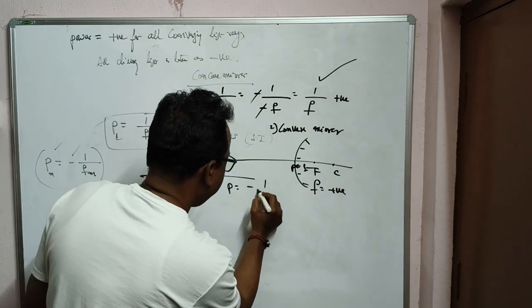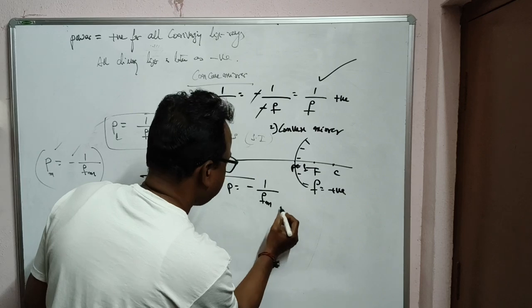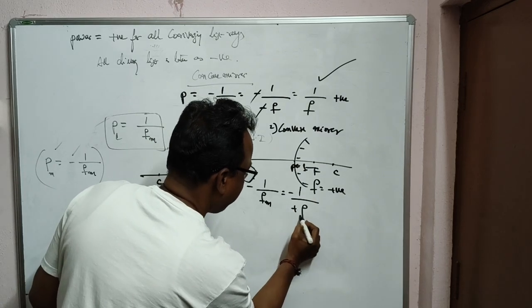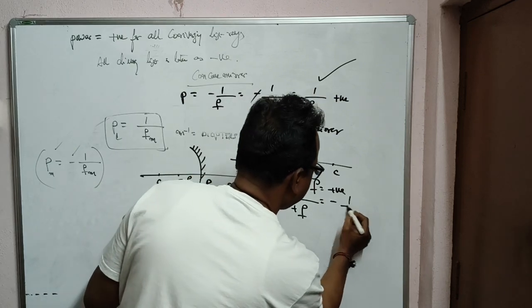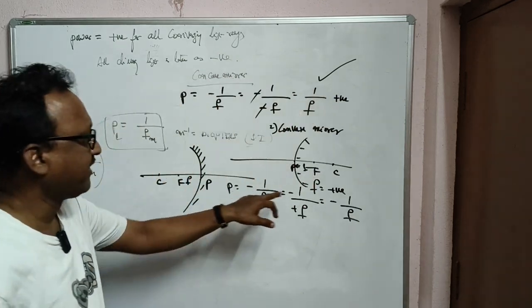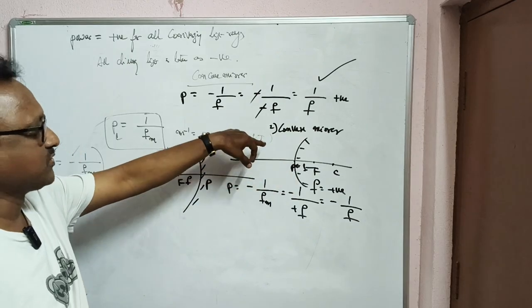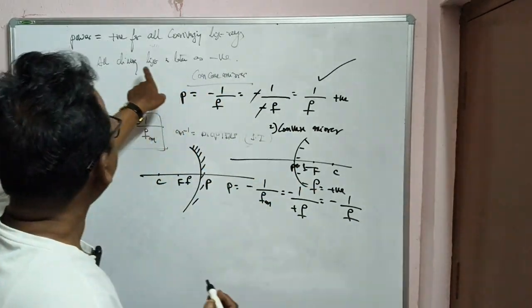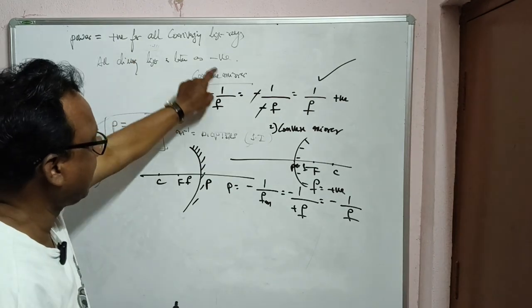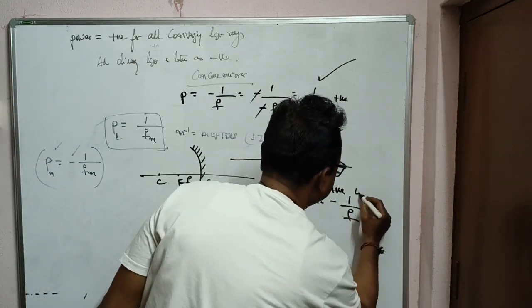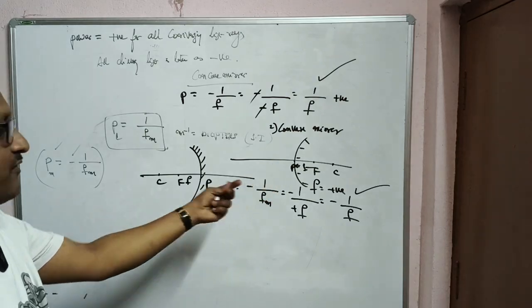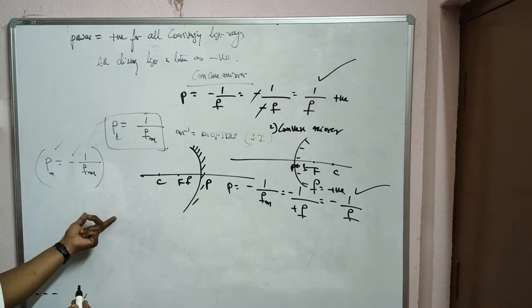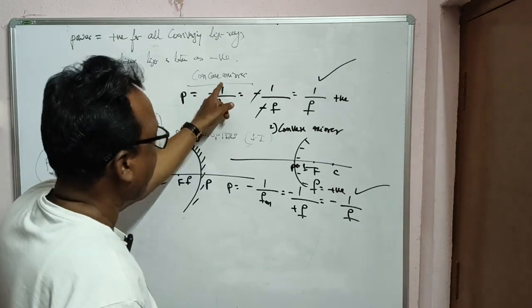P is equal to minus 1 by f in meters, and f is positive. That means power is negative. And what is this mirror? Convex. Convex is diverging. What did I tell you? All diverging are negative power. So it's the right one. So like this, you can check the formula. Power for mirrors is minus 1 by f in meters, and for lenses it is 1 by f in meters.